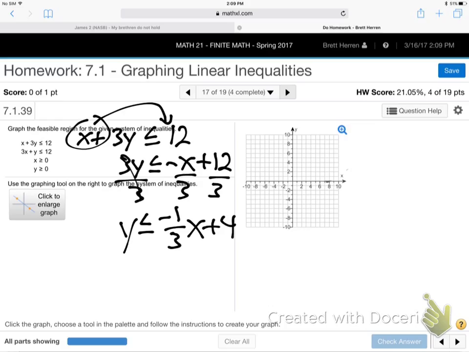All right, so we're going to graph that one now. Where do we start for the graph? Right up there at 4. That's our first dot. How do we get our second dot? This is rise over run.